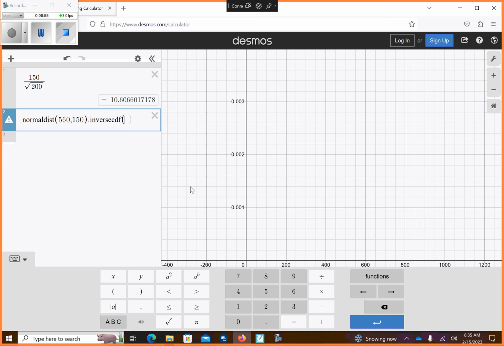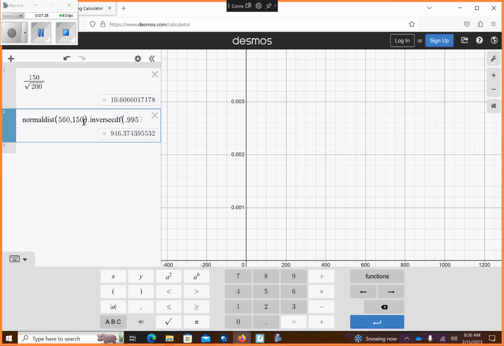If we have a confidence interval of 99, what is halfway to 100? 99.5, so 0.995. I'm going to change this.